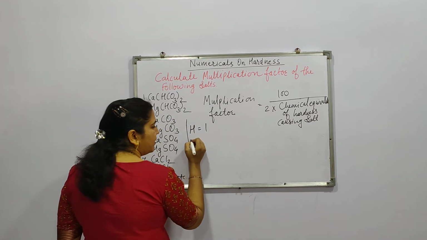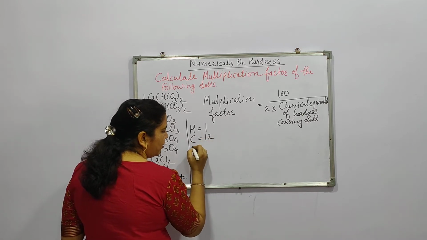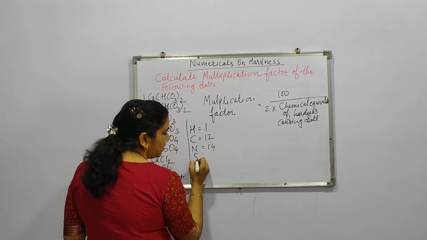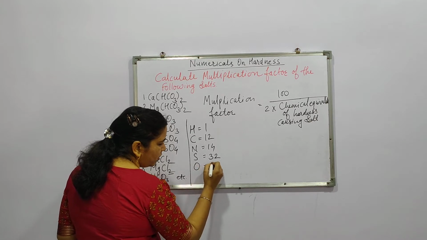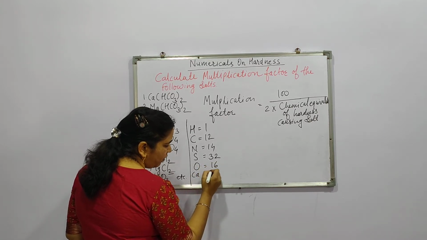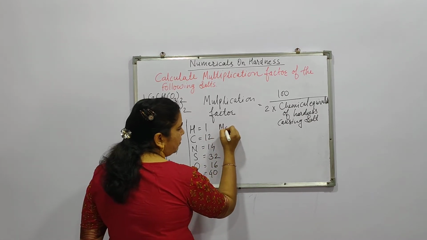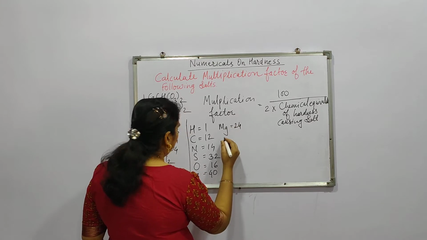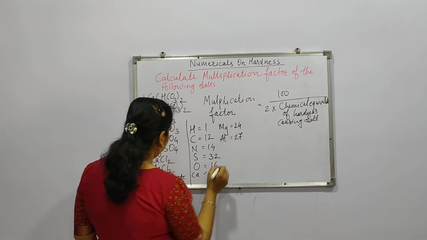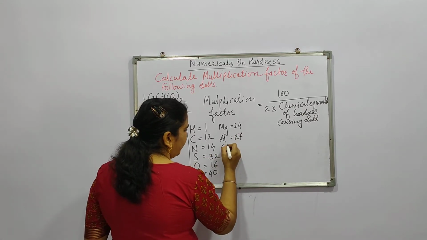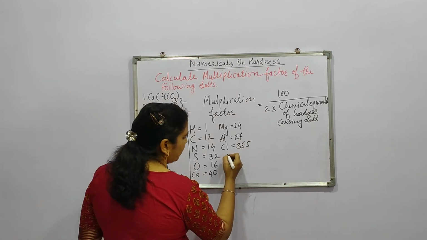So hydrogen has atomic weight 1, carbon 12, nitrogen 14, sulfur 32, oxygen 16, calcium 40, magnesium 24, aluminium 27, chlorine 35.5.